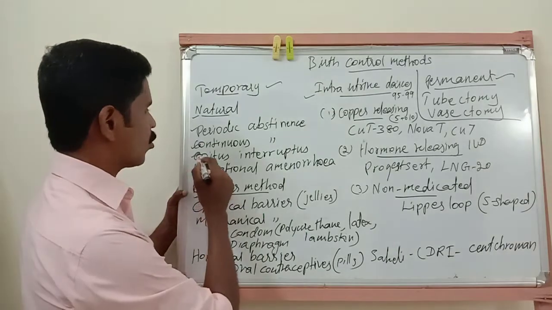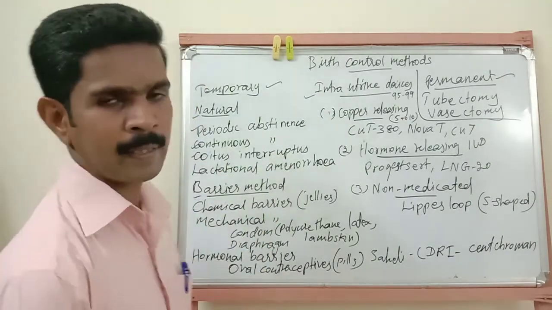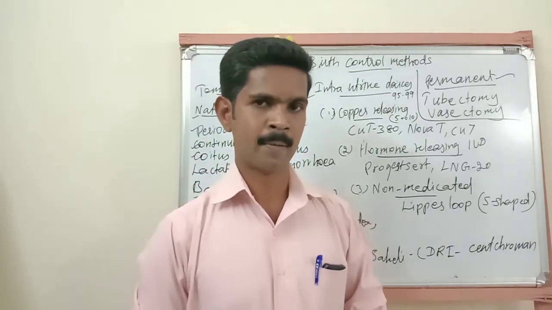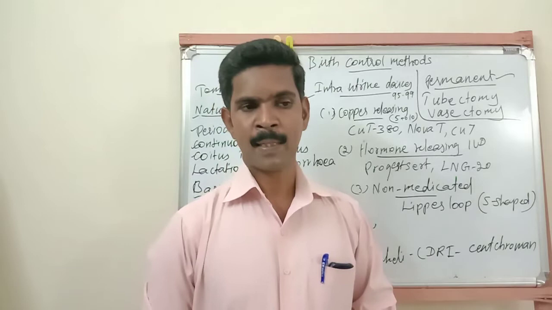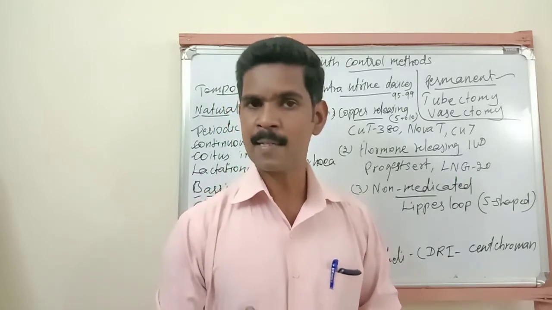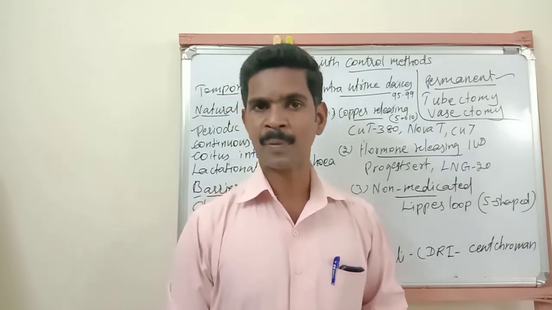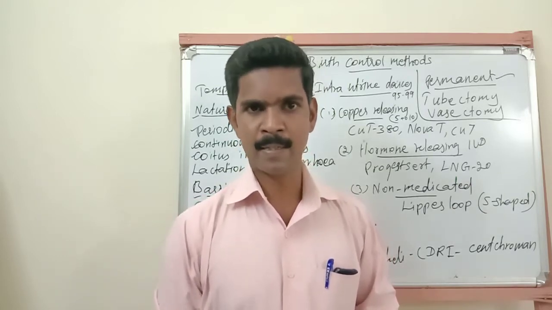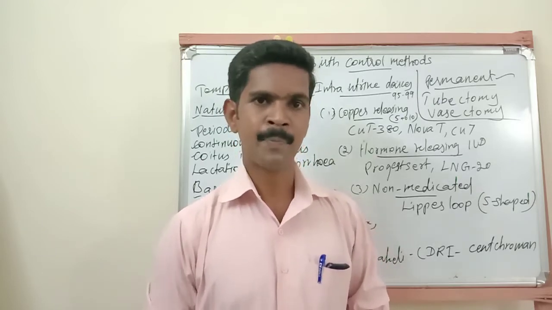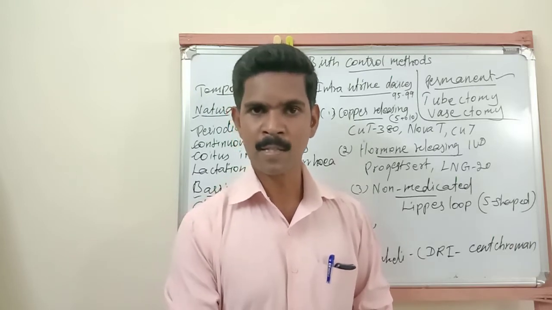Then next one is coitus interruptus. This is one of the oldest family planning methods or oldest birth control methods. In this method, the male partner withdraws his penis just before the ejaculation. Penis is a male sex organ, isn't it? Here ejaculation means the process of releasing sperm from the male reproductive system to outside.